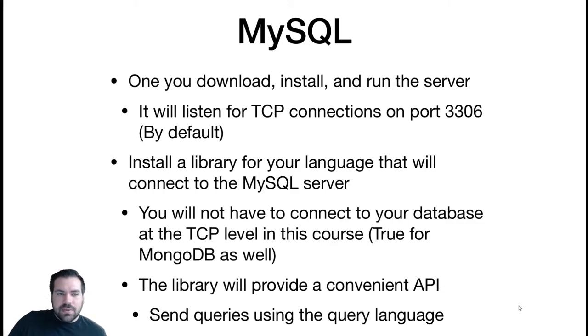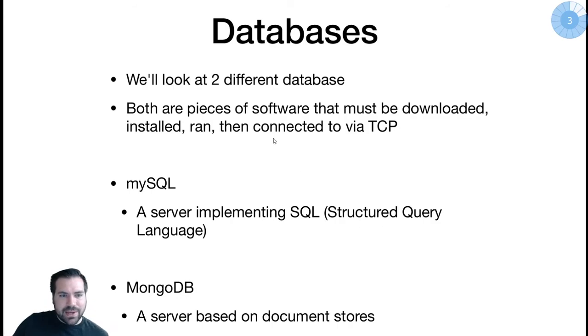This is true for both of these. Oh, I meant to mention that in this slide. This is software that you'll download. These are going to run as separate apps on your machine. You'll download the software, install it, run it on your machine. And once it's running, it's going to run in the background, and it's going to be listening for those TCP connections.